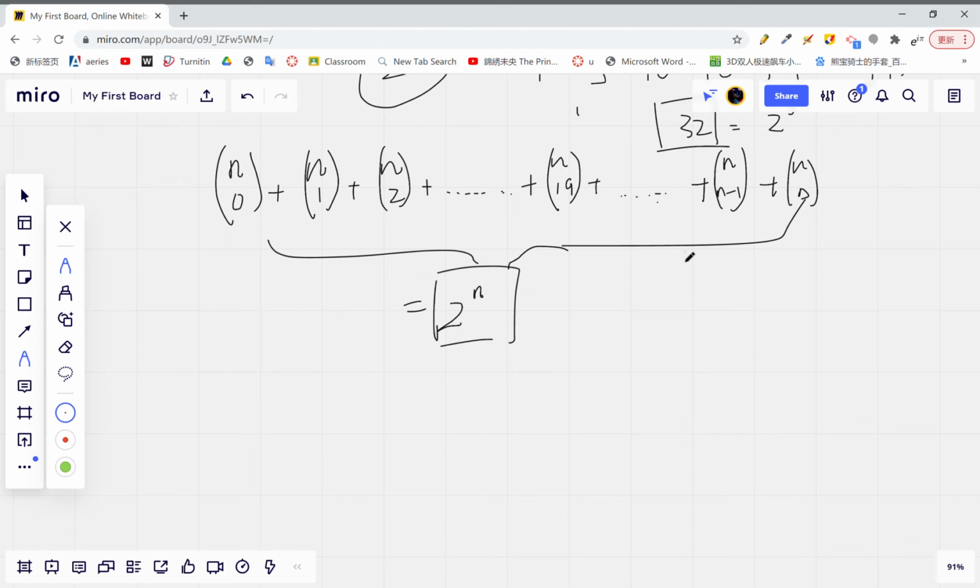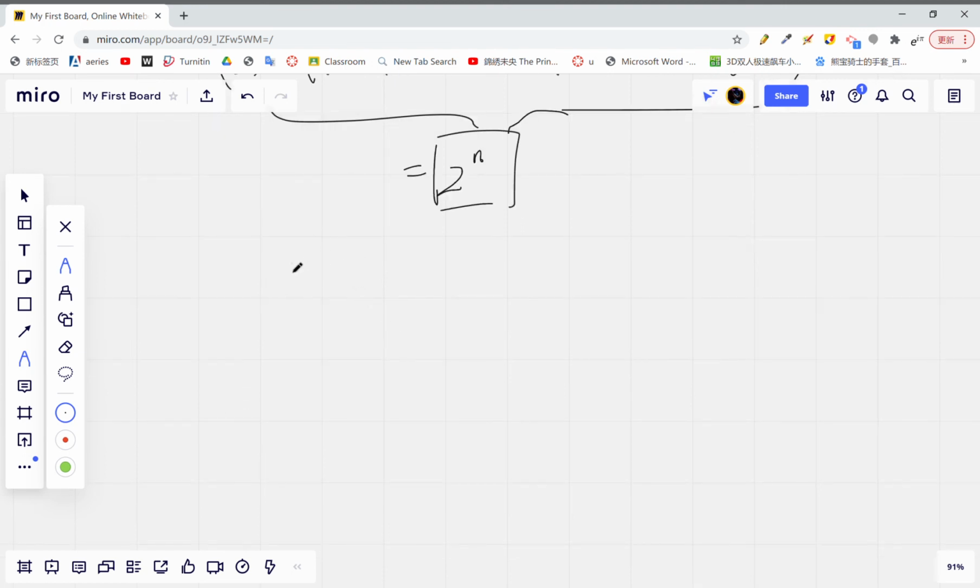So let's say there's a problem such that there's a function f of n equal to the sum of the nth row elements.